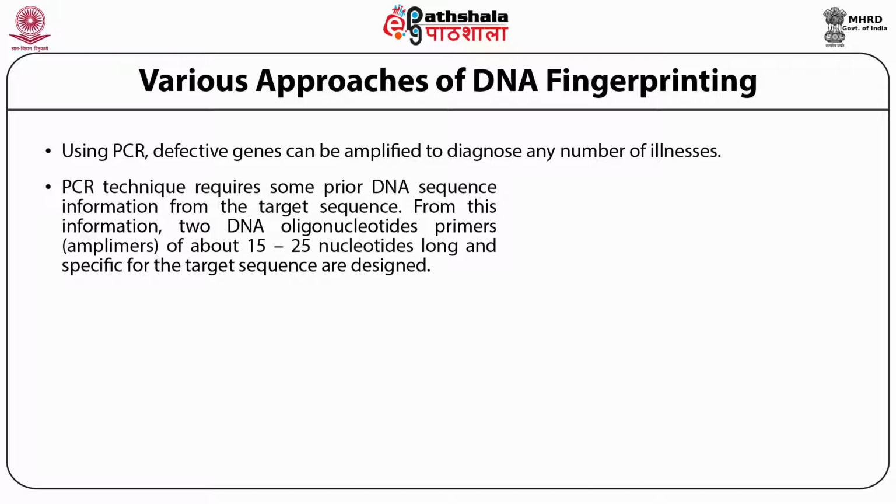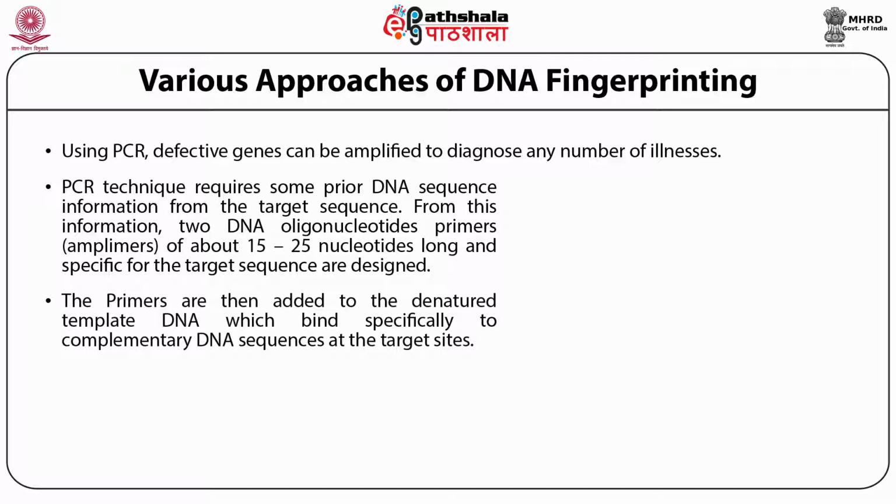From this information, two DNA oligonucleotide primers or amplifiers of about 15 to 25 nucleotides long and specific for the target sequence are designed. The primers are then added to the denatured template DNA, which binds specifically to complementary DNA sequences at the target sites.